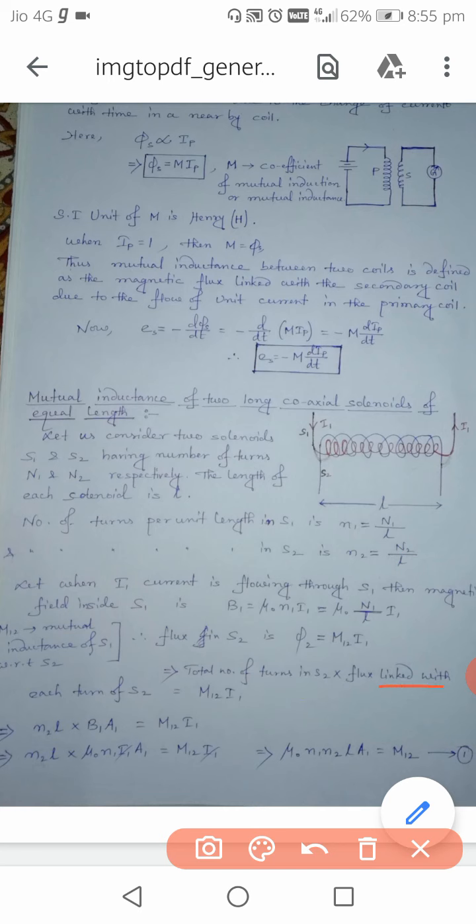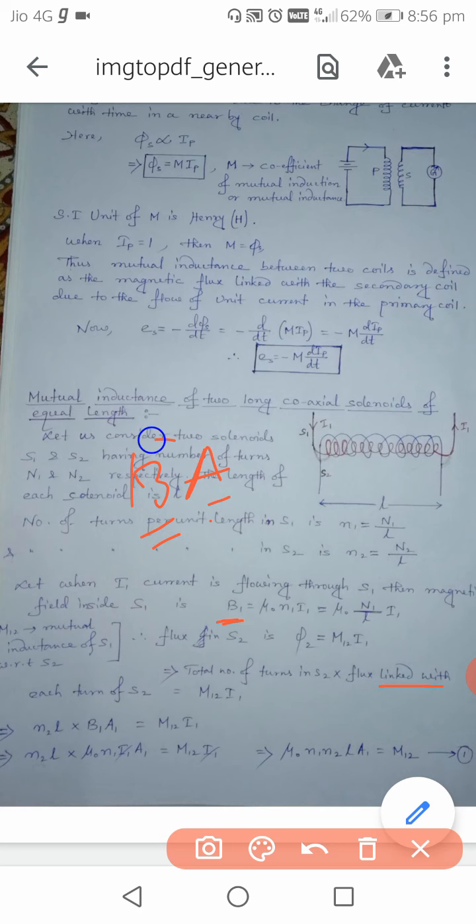Then the flux linked with each turn of S2. Now see, the flux linked with S2 is due to which current? The current flowing through S1, I1, so the field is B1. When writing the flux linked with S2, the general formula of flux is B A, magnetic field into area.